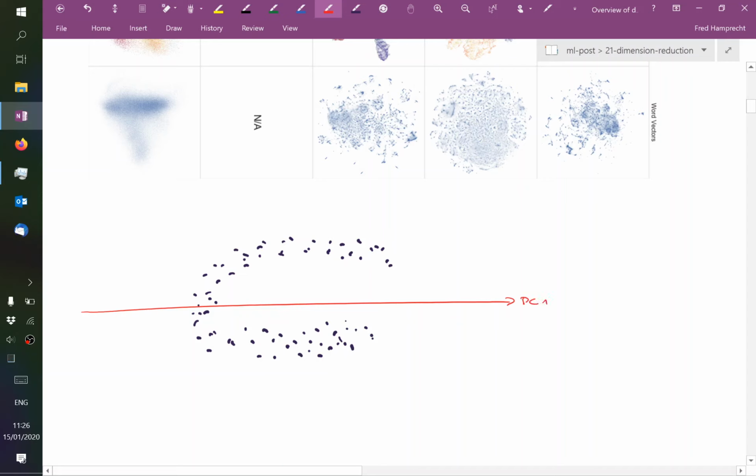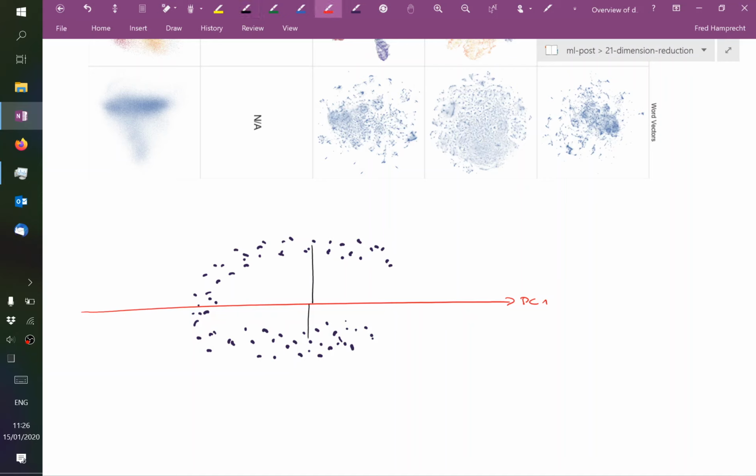And then the data, as you remember from PCA, gets projected onto this axis. And unfortunately, points which are far away on the manifold that I imply here can end up very close by in this low-dimensional projection.